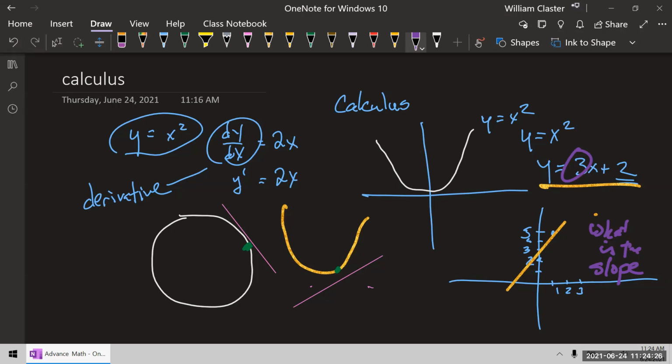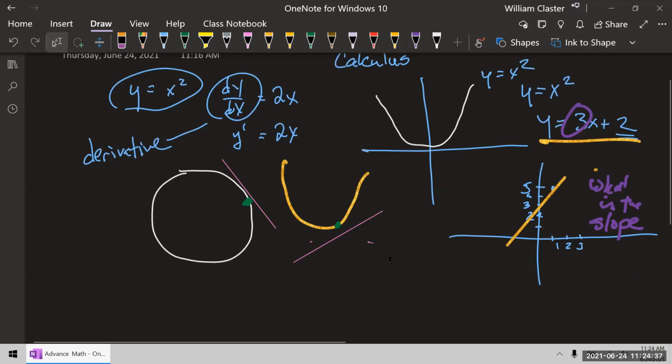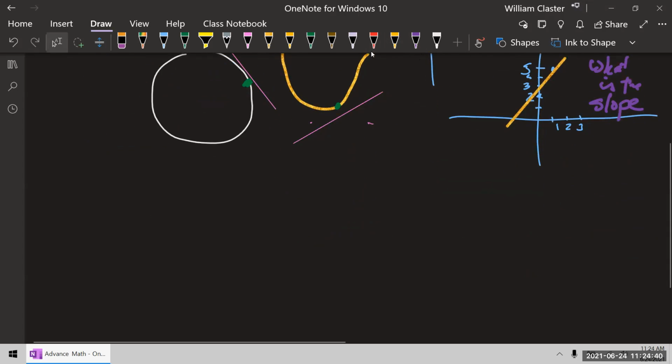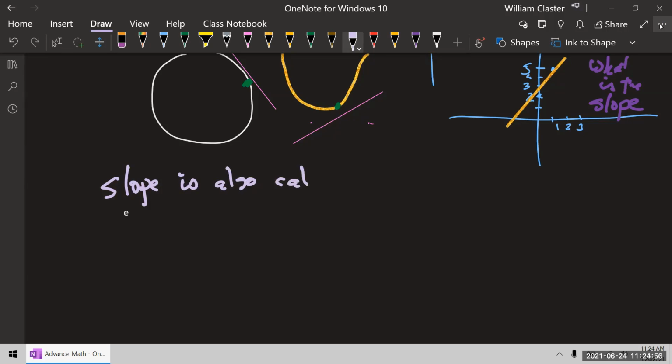Now, the slope has another name besides being the slope. It's also called the rate of change, right?